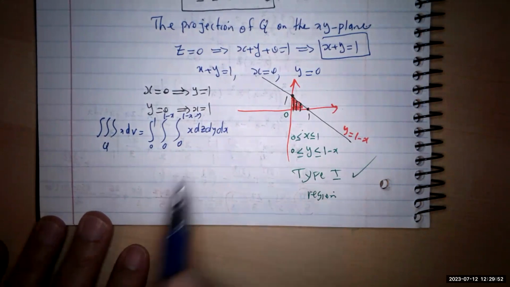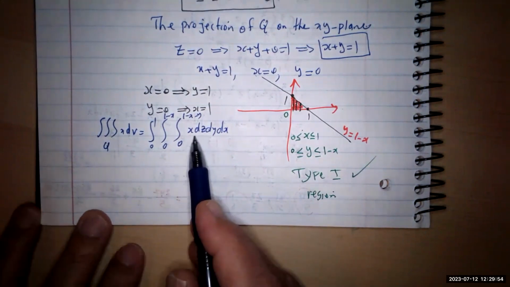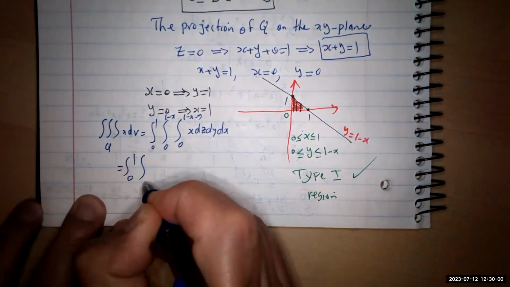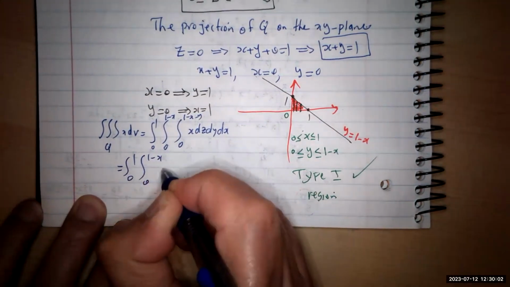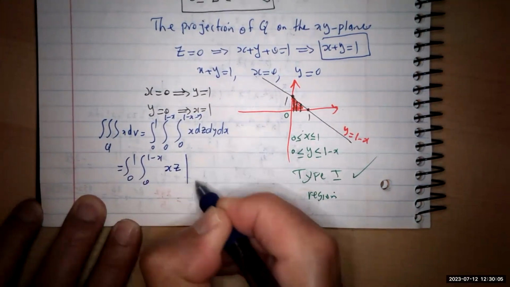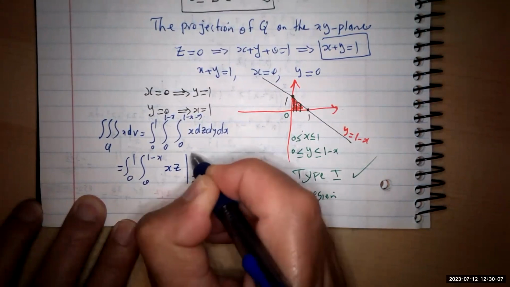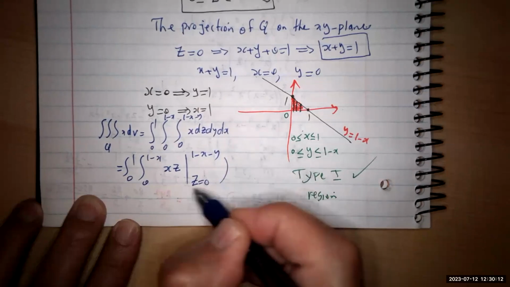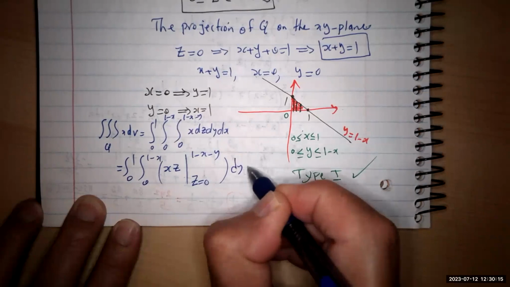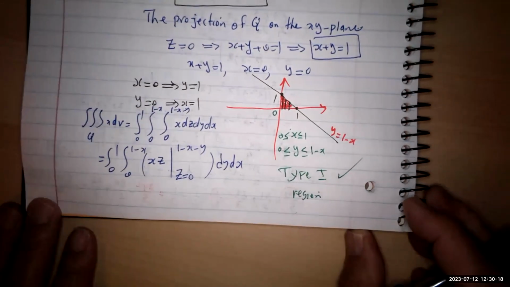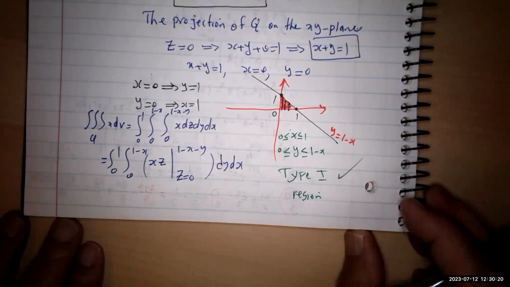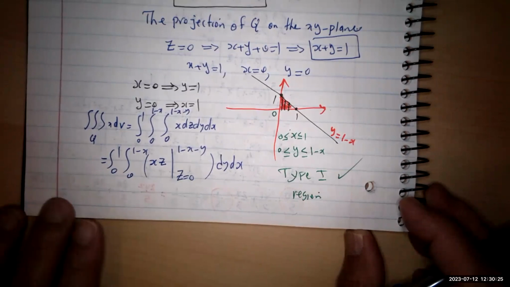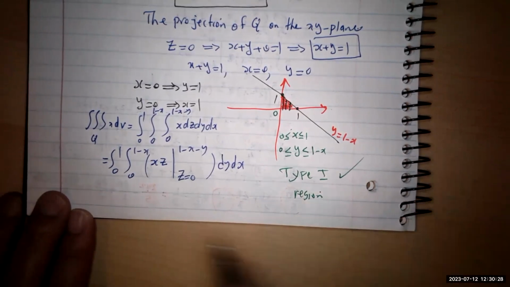Integrating with respect to z gives xz. So it's the integral from 0 to 1, from 0 to 1 minus x, of xz, with z going from 0 to 1 minus x minus y. When we're done, we come back and integrate with respect to y and then with respect to x. Any question? It's easy. If you put z equal to 0, you get nothing. Replace z by 1 minus x minus y.